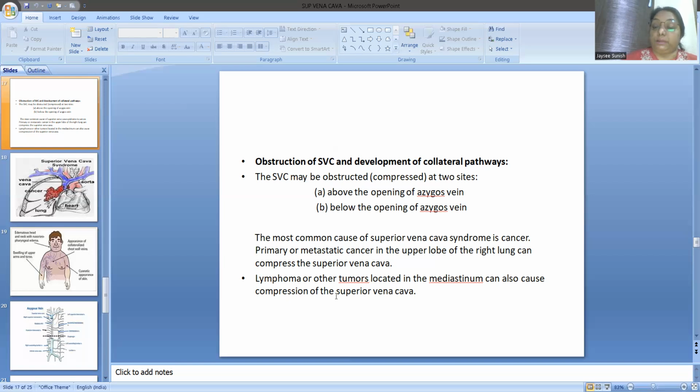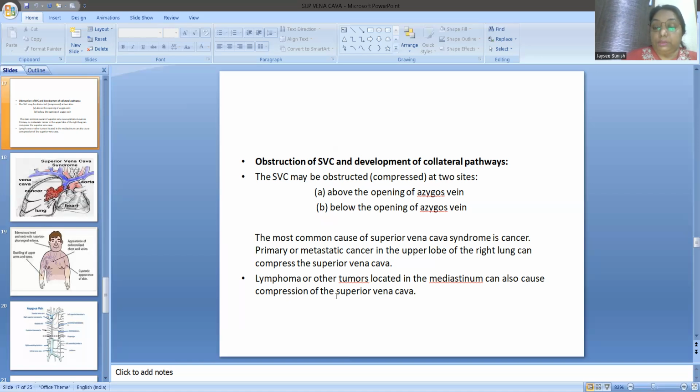If there is any tumor or malignancy in the right lung, which is situated on the right side and front side of the superior vena cava, a big malignancy can compress the superior vena cava.